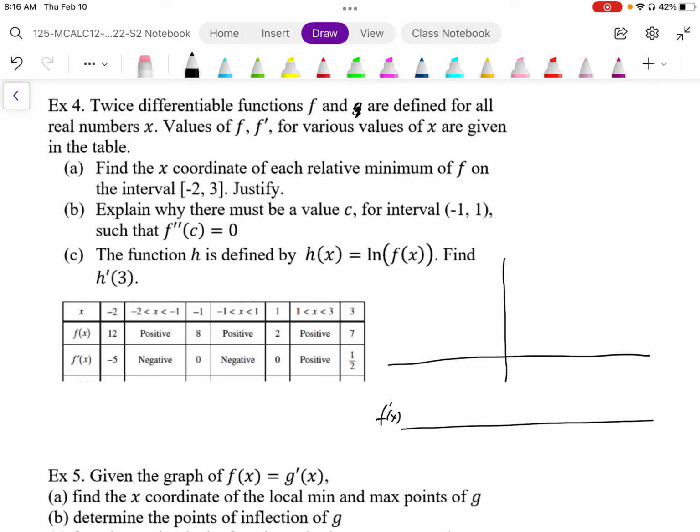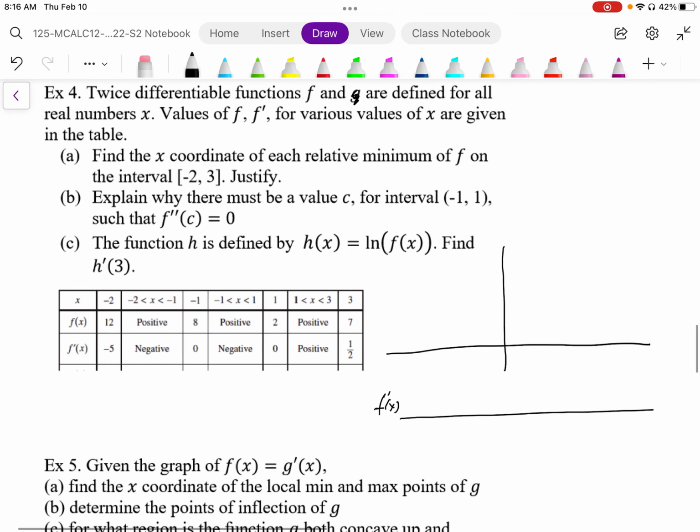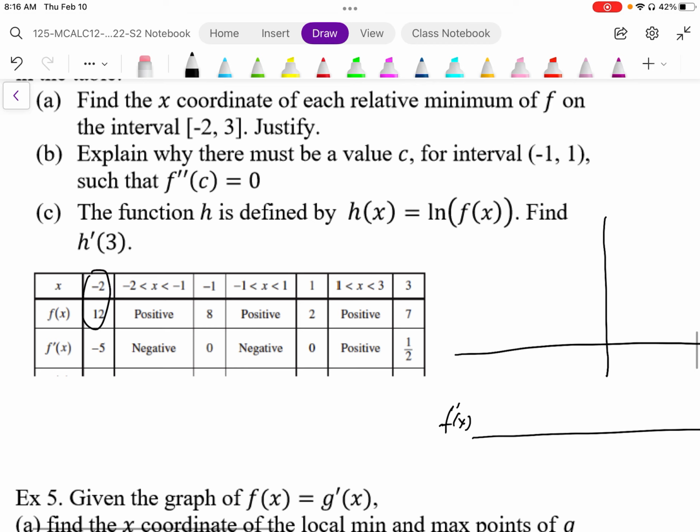So I've got my table here, and I'm going to plot my x and y coordinates based on the table. At x equals -2, y equals 12, so I'll draw -2 somewhere around here with a y coordinate of 12.